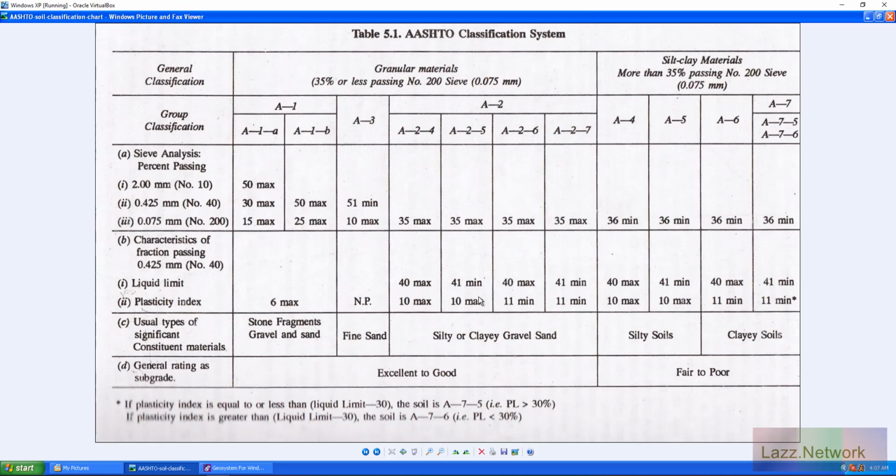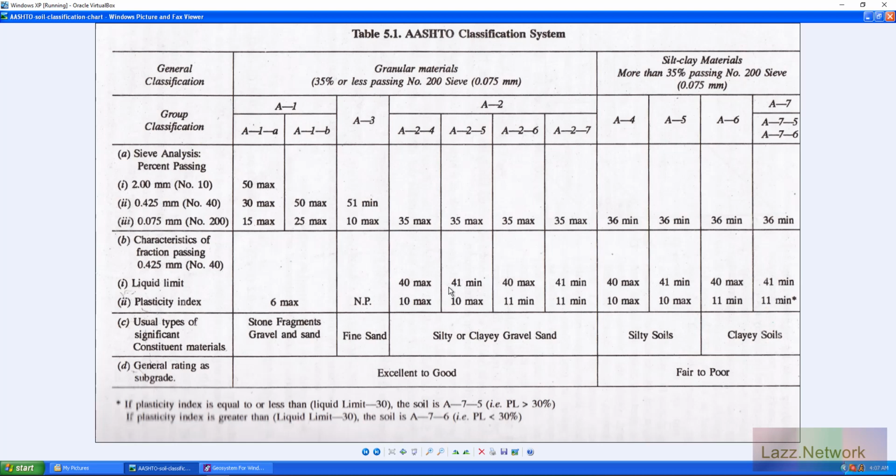So as we look here, if it's an A24 classification, we can only have a liquid limit no greater than 40 and a plastic index no greater than 10. But then as we get to an A25, the minimum has to be 41.